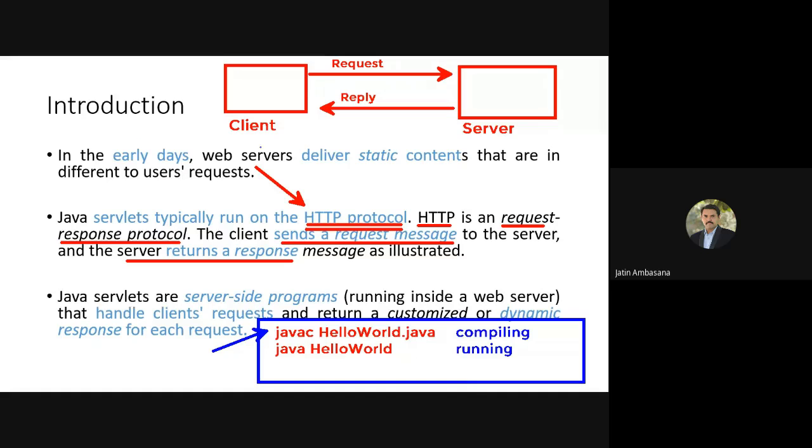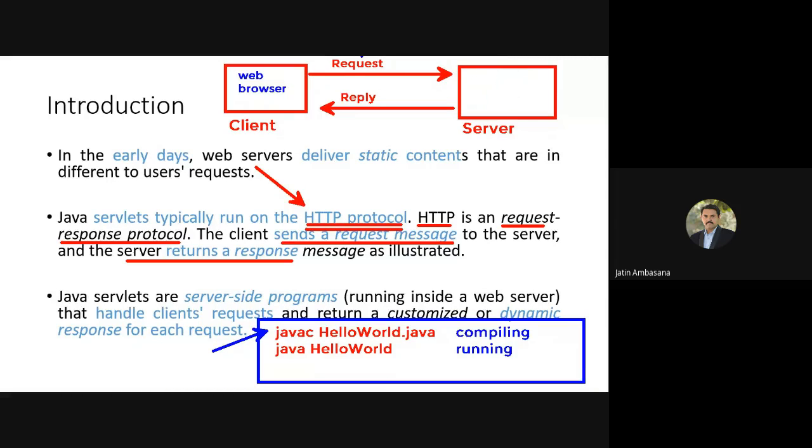But here the output is needed on the client side, which is mostly a web browser. So whatever you want to display or print will be shown on the browser.